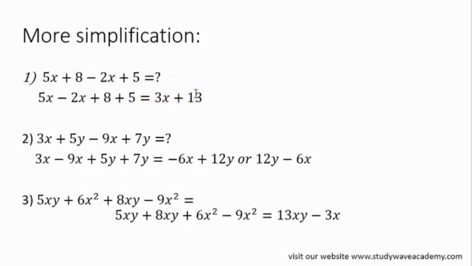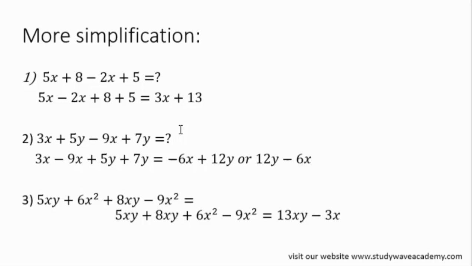Now we'll move over to number 2. We have 3x plus 5y minus 9x plus 7y. We have to find the simplest form. So how are we going to do it? We are going to take the common, the lookalike numbers with the same variables.